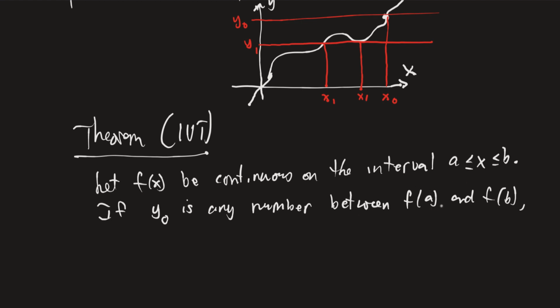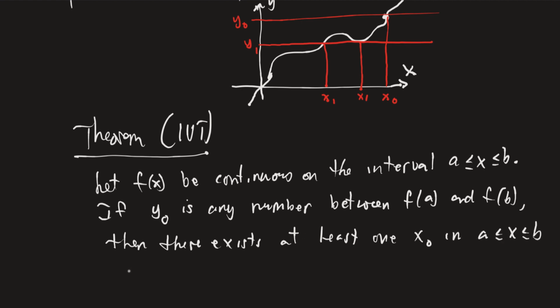So I'm just saying if you were to pick any number between these y values, so if y0 is any number between these two y values, then there exists at least one x0 inside this interval, so one x value in our interval, such that when I take my function and evaluate it at x0, I will get the desired y value, right?